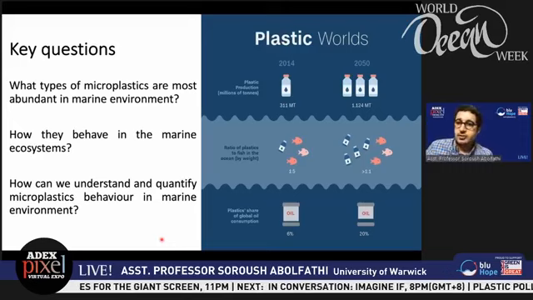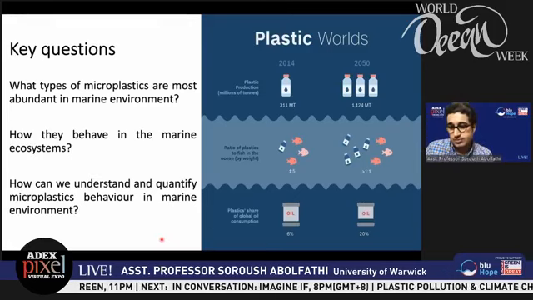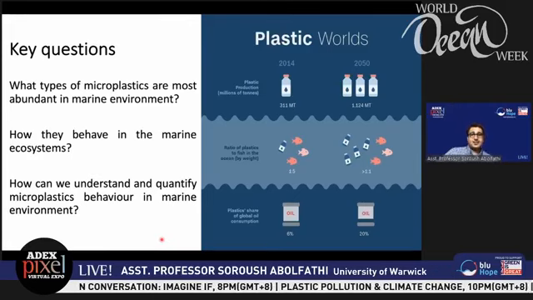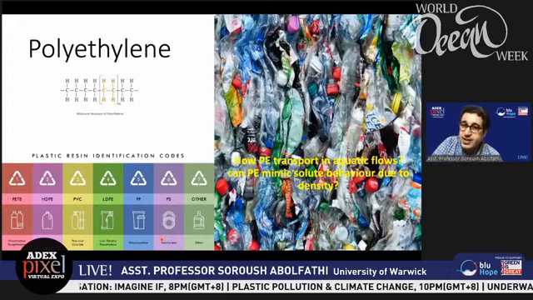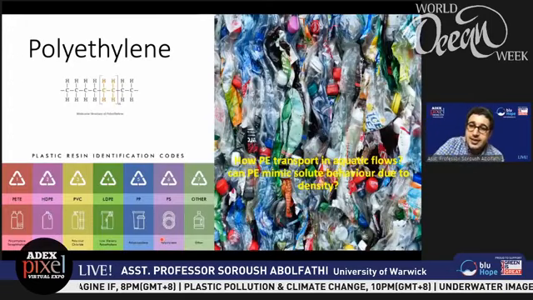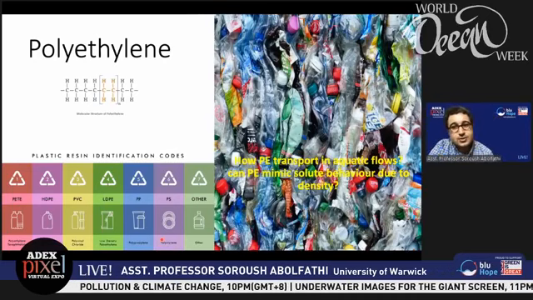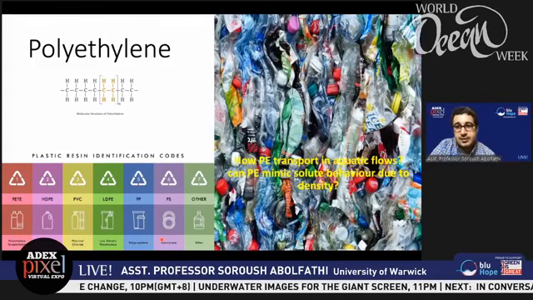So we did a little bit of test study. We talked to people, we read the news, and we came up with this bad boy, polyethylene. Polyethylene is the most common type of polymer used for single-use food packaging. So we thought, okay, if we want to do something, let's start with polyethylene.